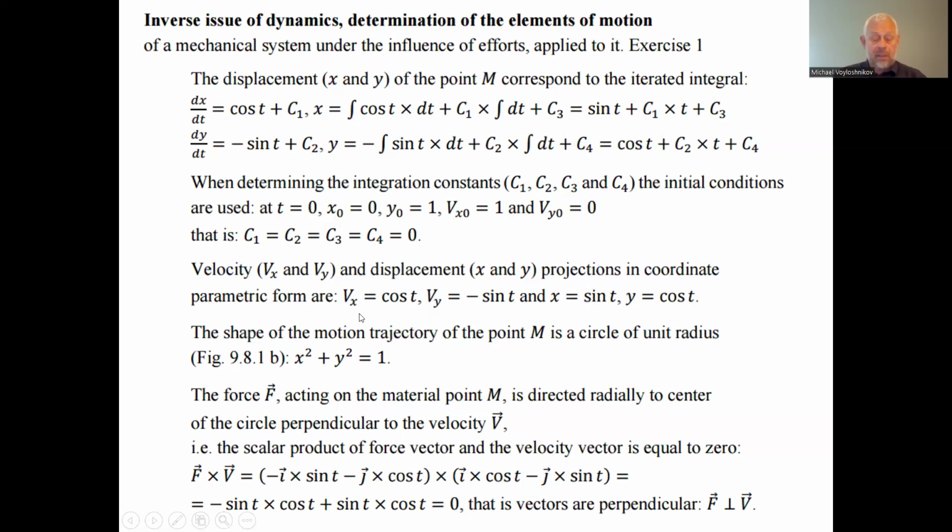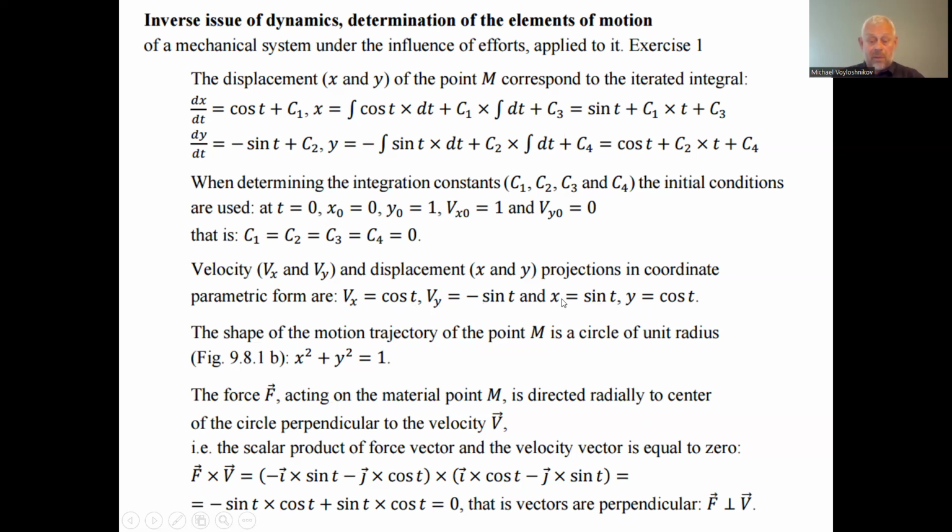So we have finally that the velocity component on the abscissa axis is cosine t, and the projection on the ordinate is minus sine t. That is, the coordinates are sine t and cosine t, which are the coordinates of the location of the point in dependence on time.